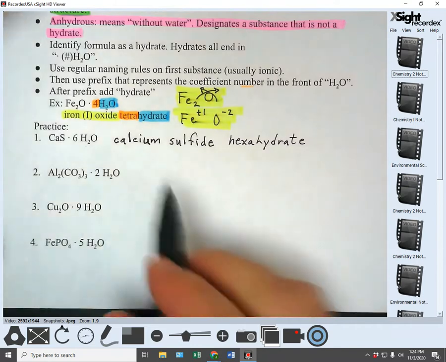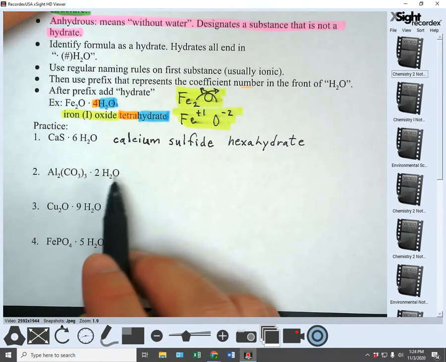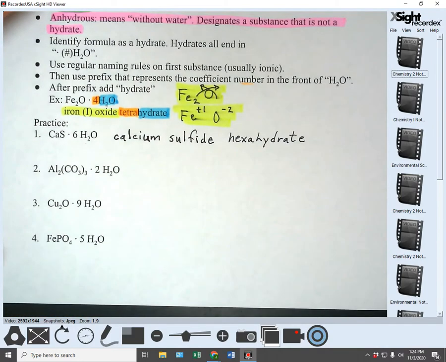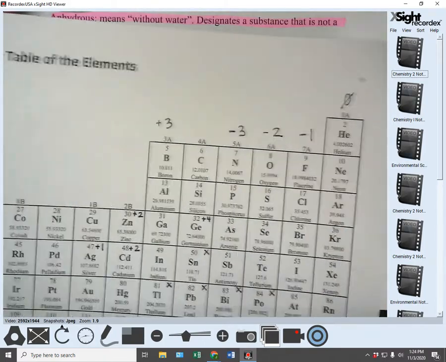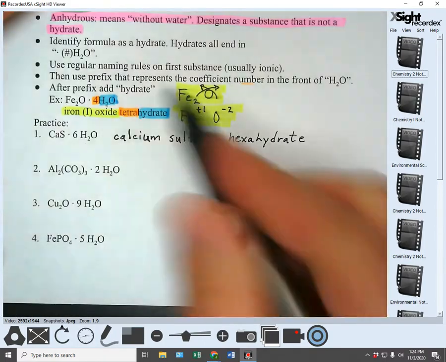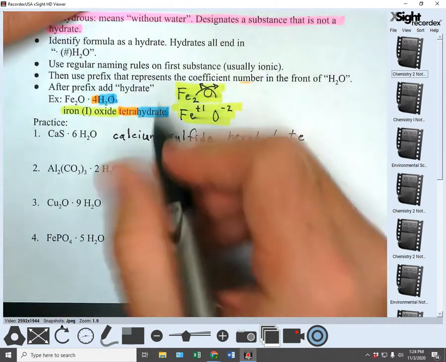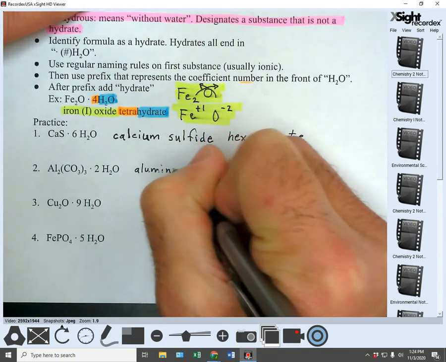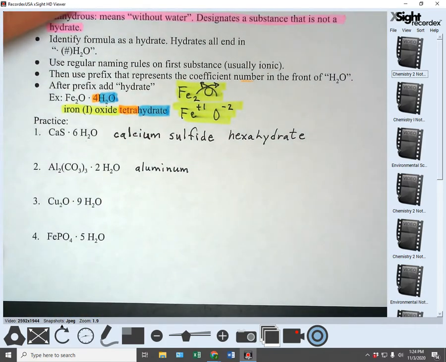All right, let's look at the next one. Al2(CO3)3·2H2O. So again, doing the beginning part. Does our cation form more than one ion? Aluminum is +3, so it does not. So we don't have to worry about reversing the charges and finding all that out. It's just aluminum. CO3 is polyatomic.